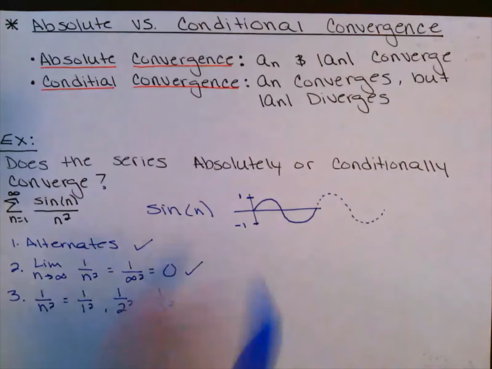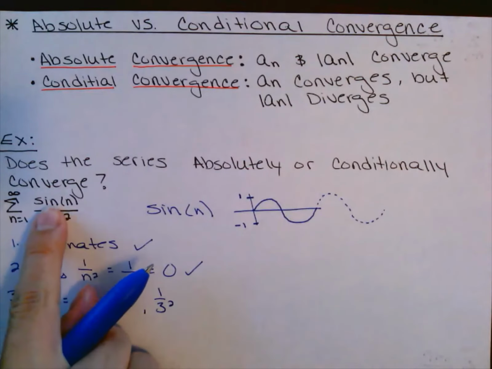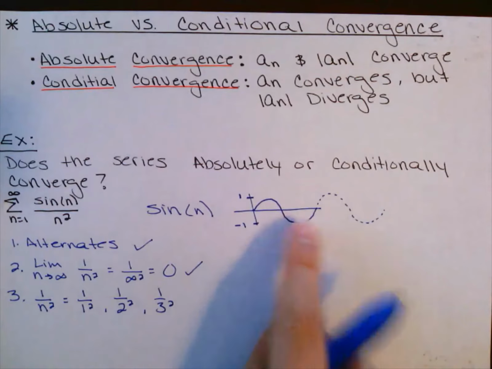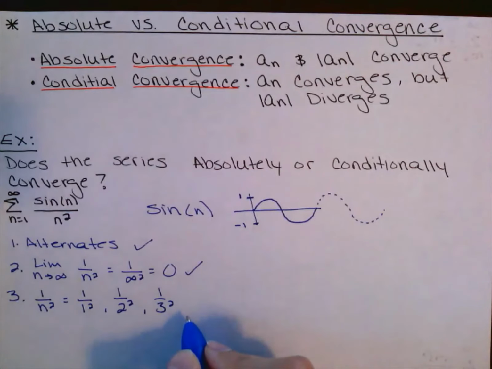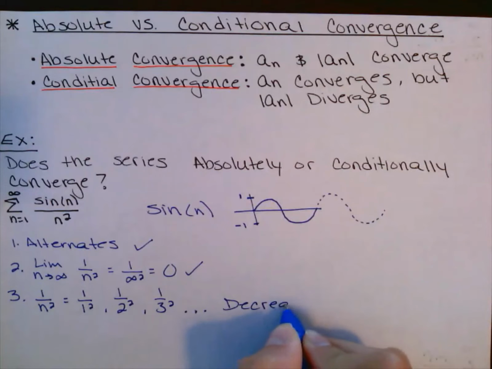As you can see, the denominators are getting bigger, which means my number is going to get smaller. Now, if I multiply it by the fraction that sine would give me, right, here less than 1, here less than -1, multiplying a fraction by another fraction is going to make it get even smaller. So, because the numbers are getting smaller, it is decreasing.